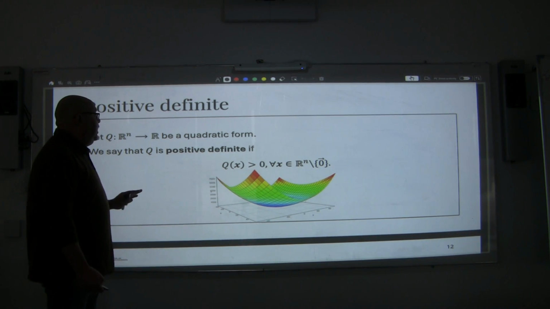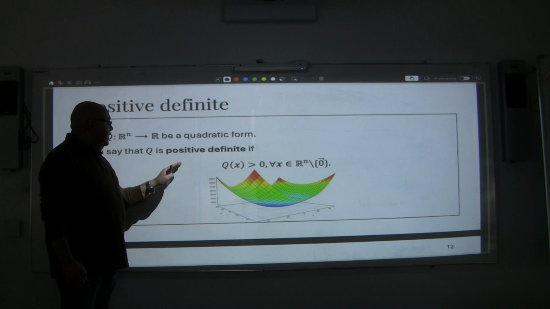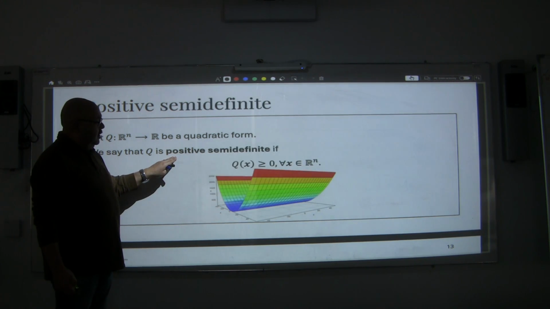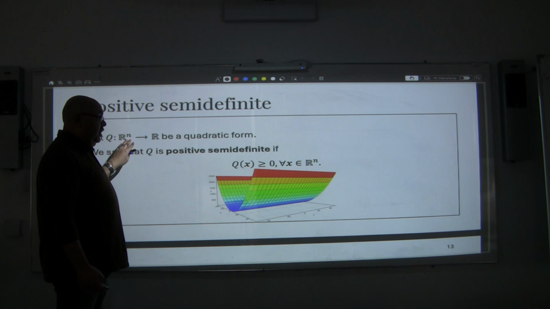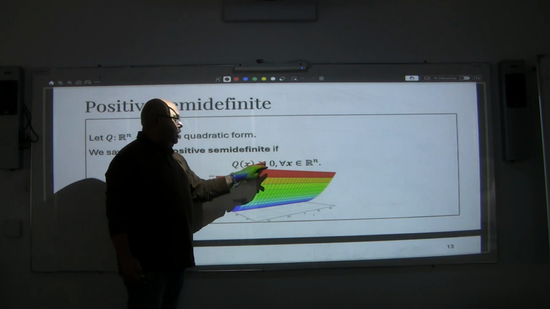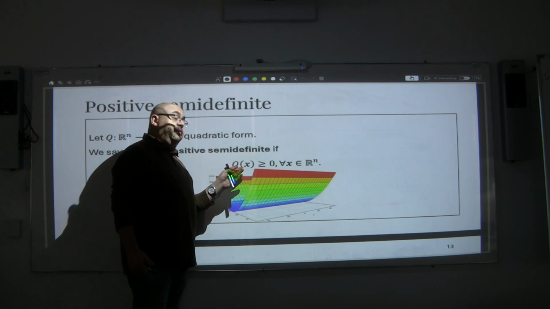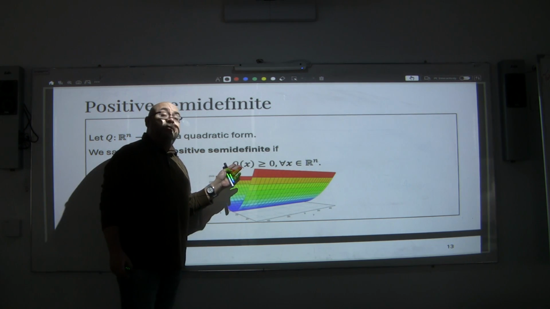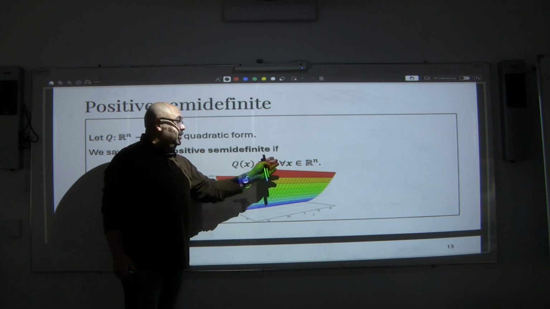But for the time being, I can identify that it's a positive definite function. This is a positive semi-definite quadratic form for this classification: q of x is greater than or equal to 0. Sometimes q of x will give you positive values, and maybe you will have zeros, and this is for all x that belongs to Rn.